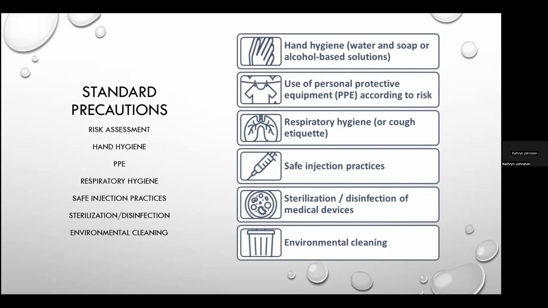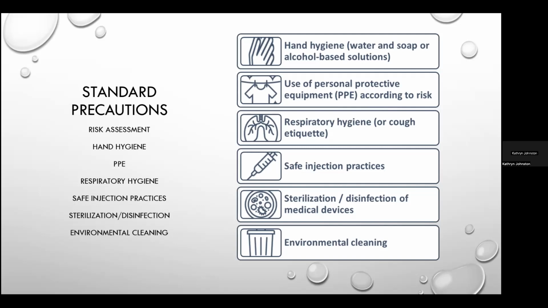The purpose is to reduce the transmission of pathogenic microorganisms by preventing exposure to blood and other potentially infectious body fluids. The standard precautions include a risk assessment, which is done every time you come in contact with a patient, hand hygiene, the use of personal protective equipment, respiratory hygiene.